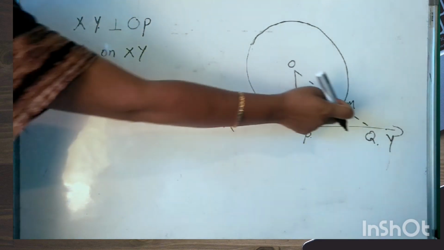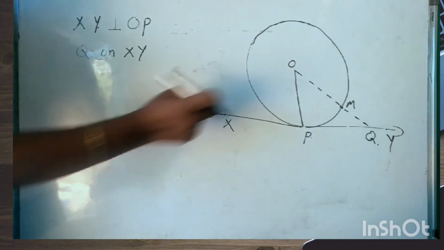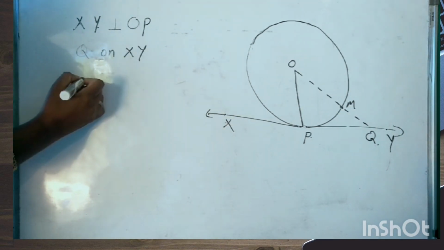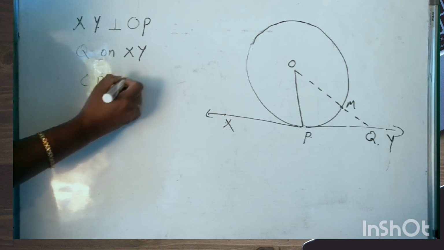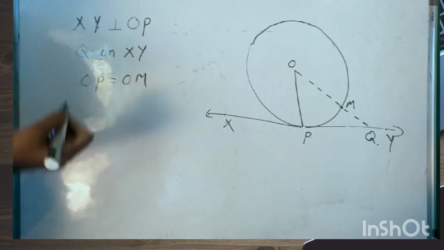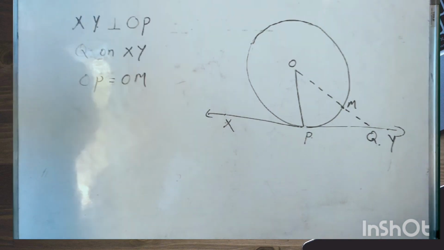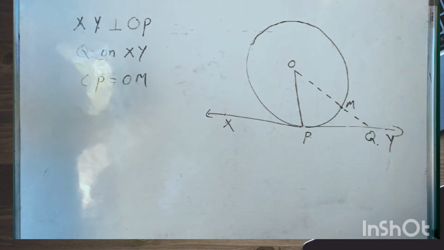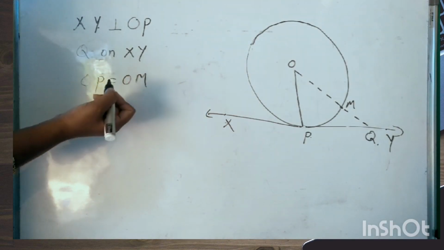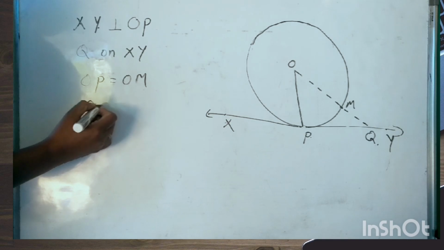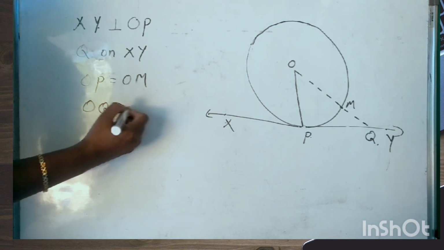Now this M lies on the circle, and OM and OP are equal, right? Why? Both are radii of the same circle. So OM is equal to OP. Now, OQ is greater than OM.